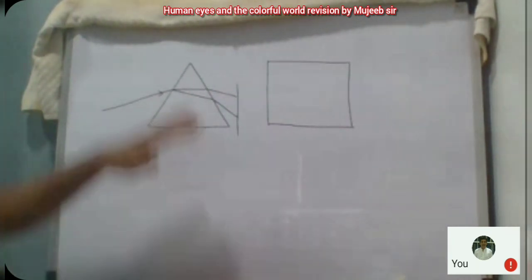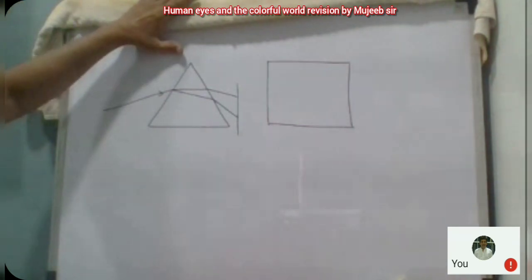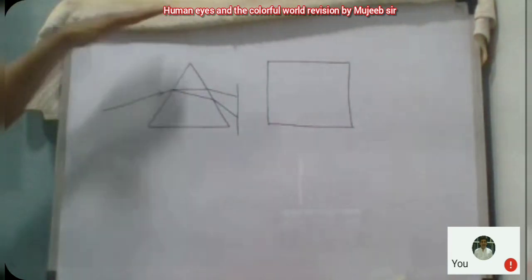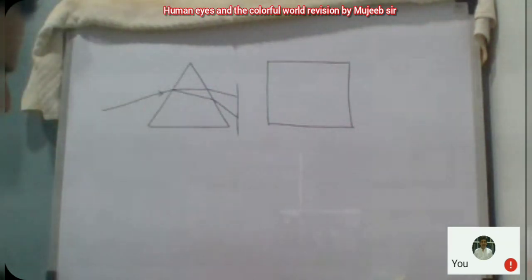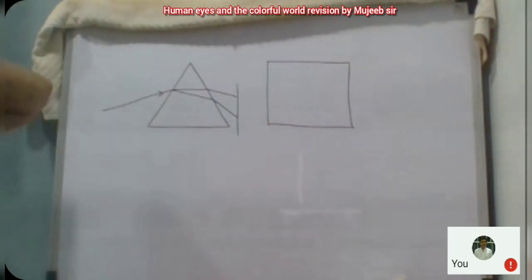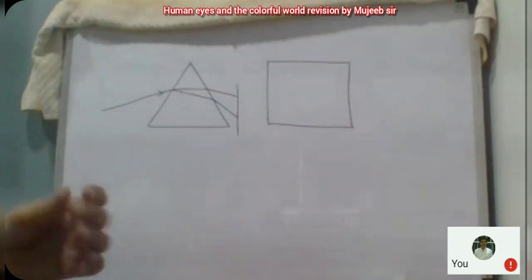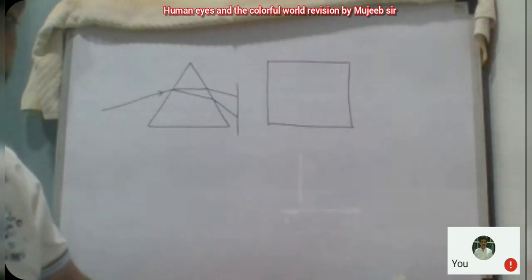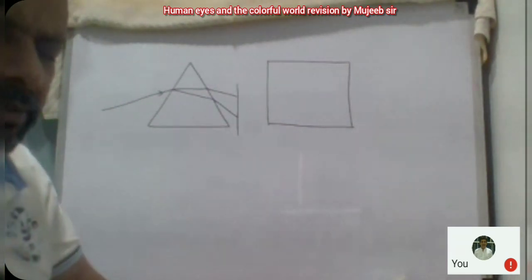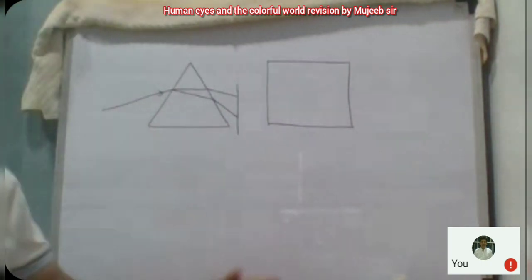Remember, in case of the prism, the two refracting surfaces are inclined to each other. When the white light enters it, at the first inclined surface it splits into 7 colors, and at the second inclined surface it bends once again in the same direction, the separation between the colors increases, and as a result we get the spectrum of the 7 colors.